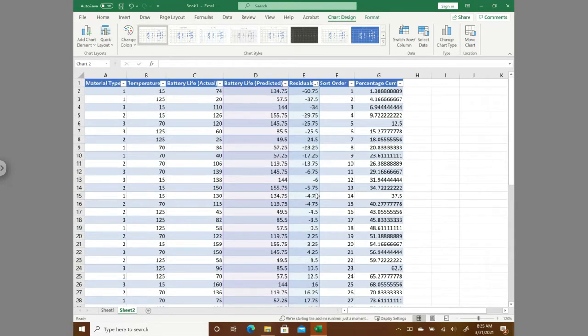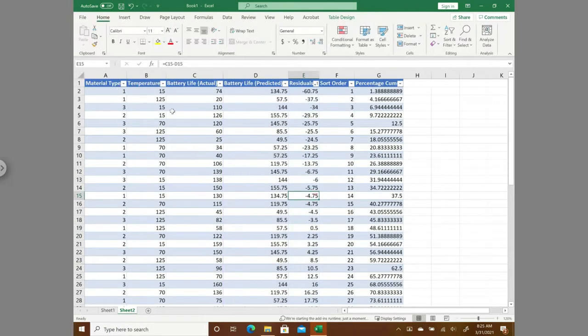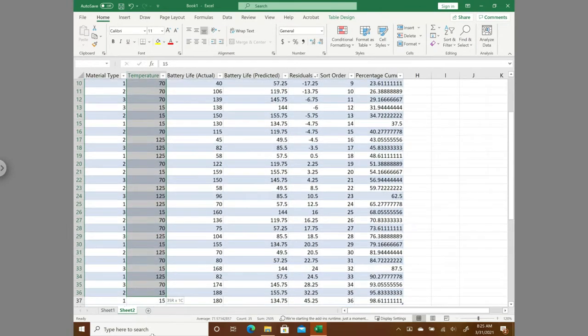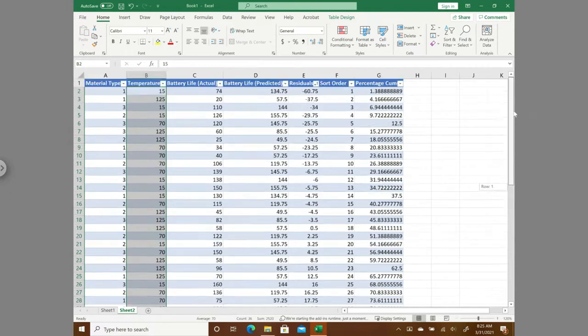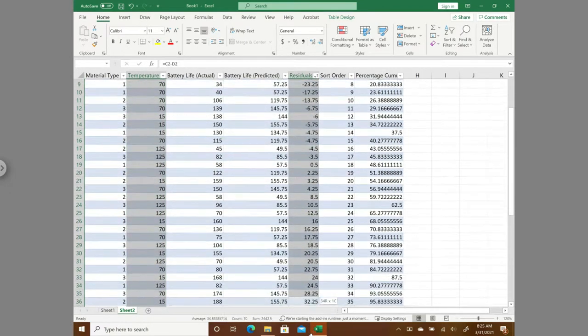So the next chart would be temperature versus residuals. I'm going to select the temperature here, press and hold the Control key, and check the residuals.